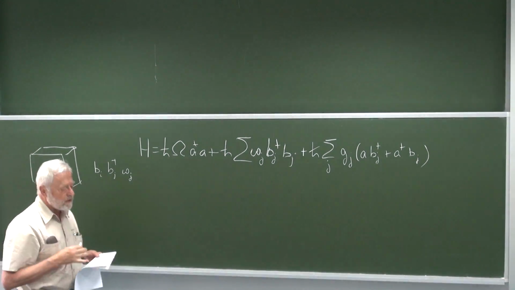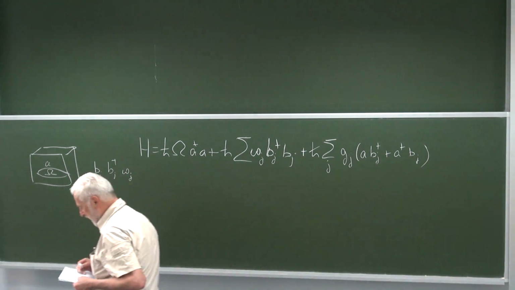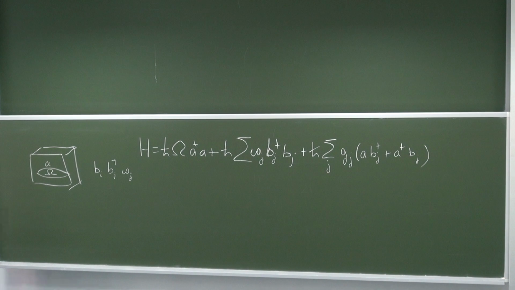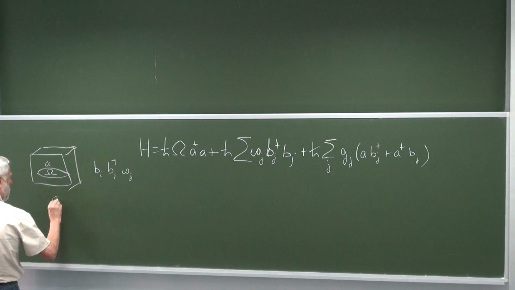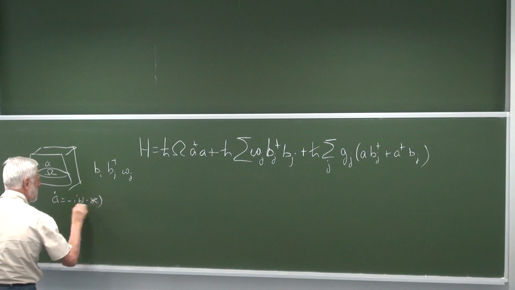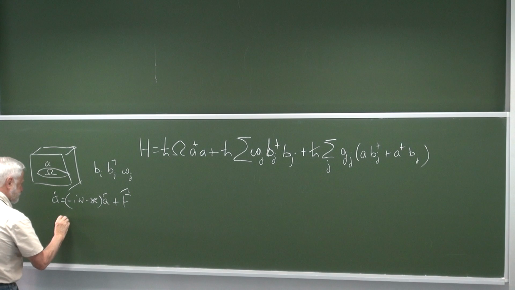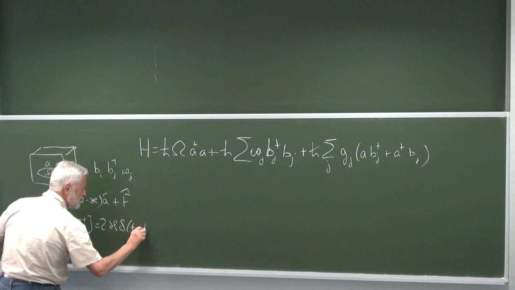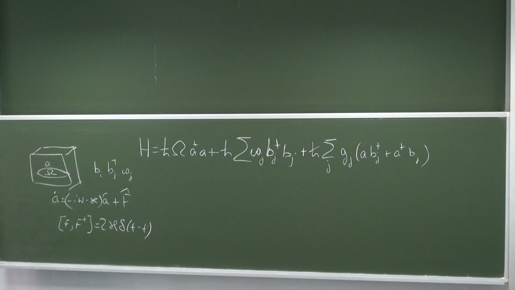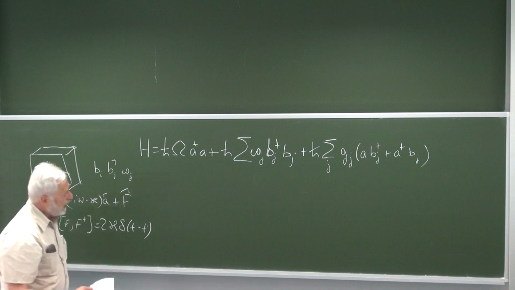So our operators were changing in time, and we noticed that one can describe the dynamics of the annihilation operator inside with some kind of damping. In the Heisenberg picture, we could write minus kappa times a plus this famous Langevin term, and given the proper commutator of the Langevin operator, 2 kappa delta of t minus t prime, we could check that this is indeed a unitary evolution for a, because the commutator of a with a dagger, even though a itself is damped, nevertheless retains the value of 1.